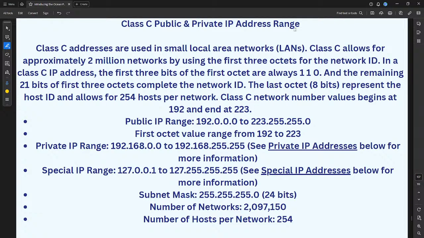Why? Because of course this allows for approximately 2 million networks by assigning the first 3 bits of the first octet to either the country, the states, and the ISPs for their use, and then giving the last octet for the devices, as we saw earlier.